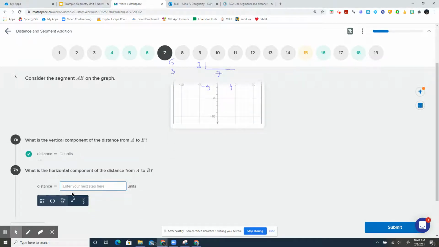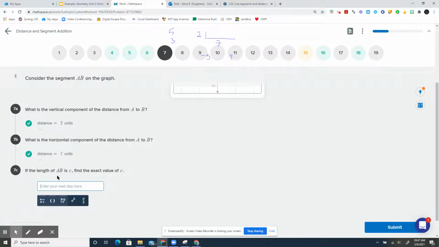Then the horizontal component is my 7. And then what is the length? So this is our Pythagorean theorem. If my triangle is 2 to 7, and you might need to sketch it out or go to Desmos and do it so your graph can be bigger. We're going to do 2 squared plus 7 squared is going to equal c squared.